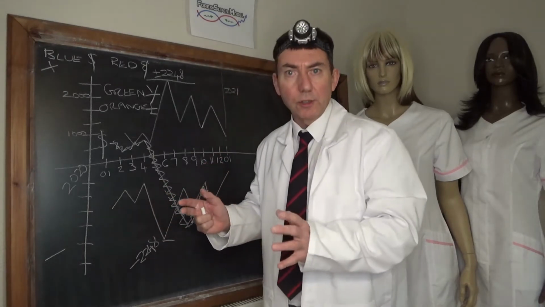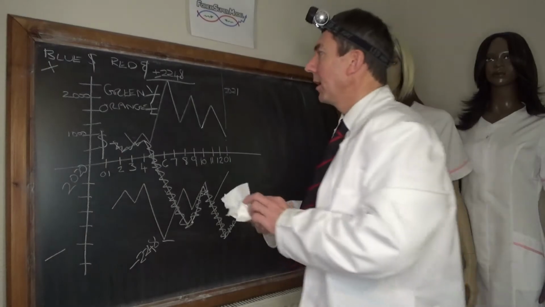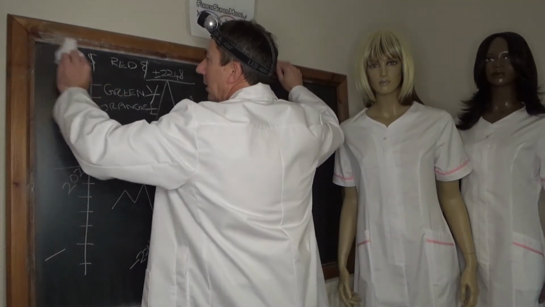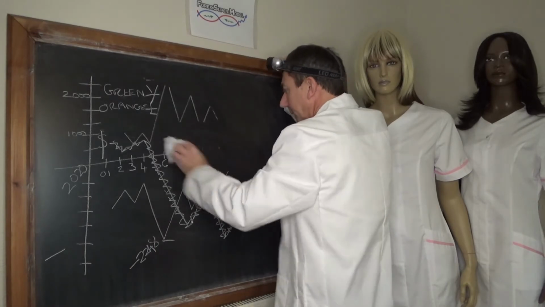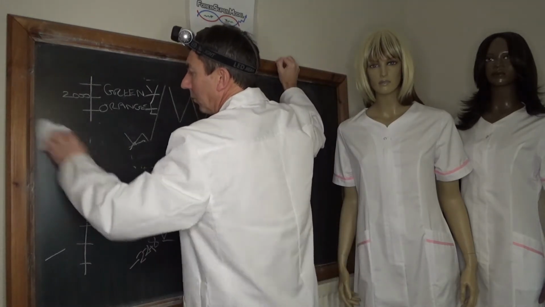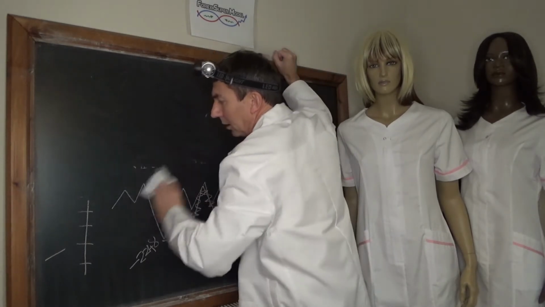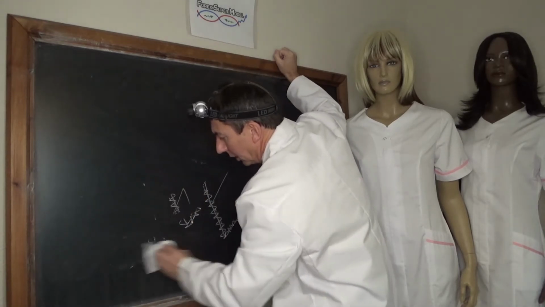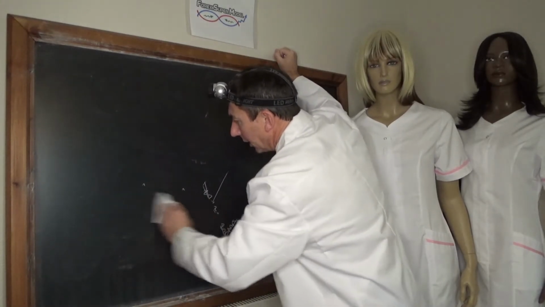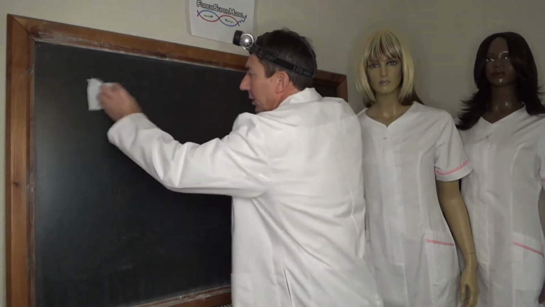So let's just rub that off and summarize what we're talking about. How does this help, and how can we use it to our advantage? Well, clearly, if you know the way the market works normally, in terms of activity, the market tends to work in a cycle.